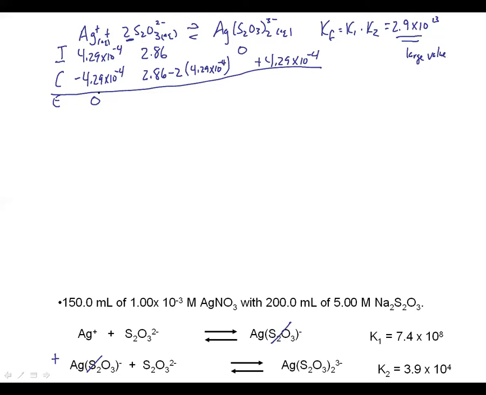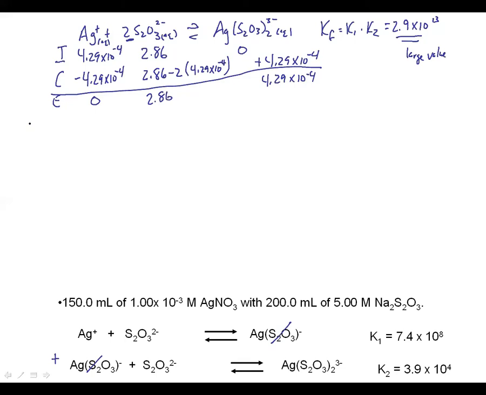For our S2O3 2 minus, we will end up with 2.86 essentially still. And we'll end up with 4.29 times 10 to the minus 4. So this table is very much like the last one that we did. And also from this table, we actually have two answers that we're looking for.